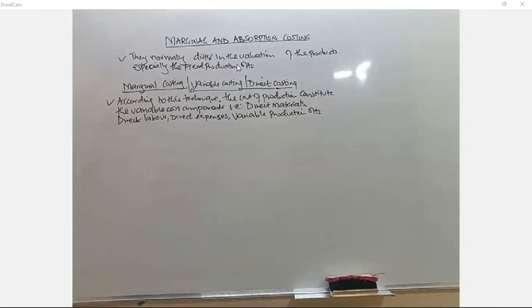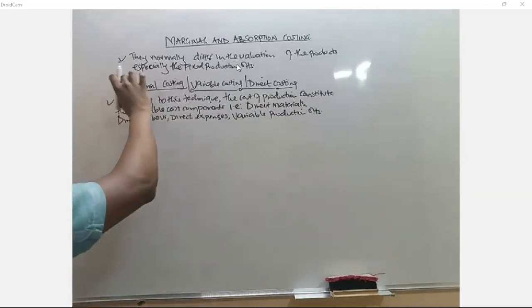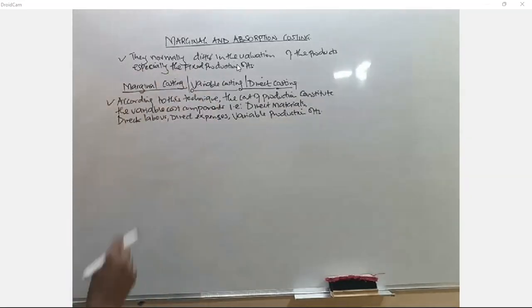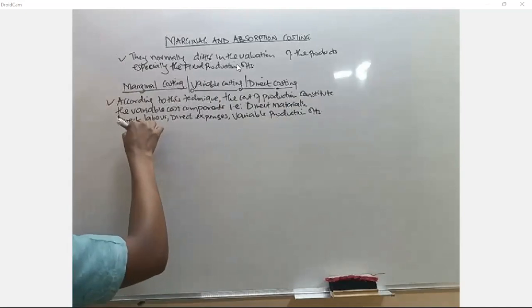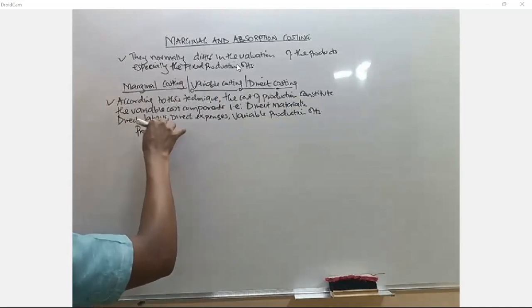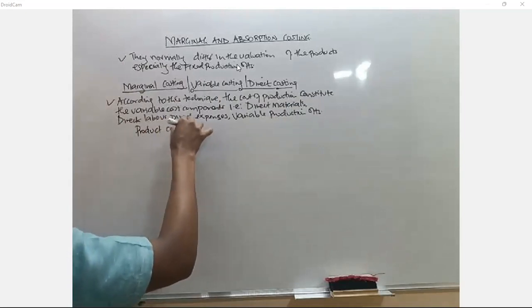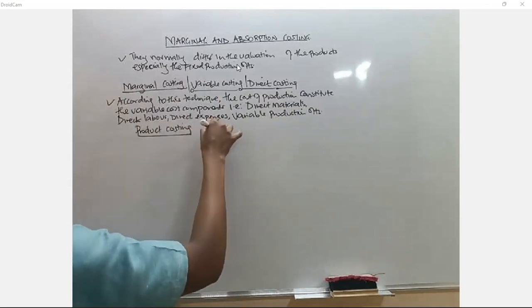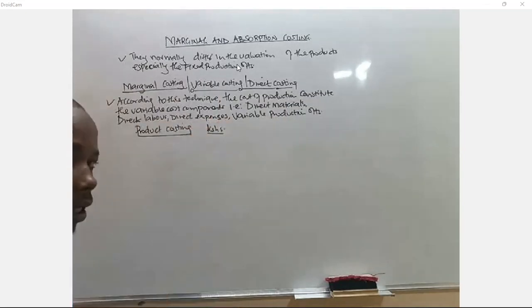Now, we know very well that we are going to be preparing something called product cost. So every time we are doing marginal costing, the first thing we have to do is come up with a product costing, right? So I have to do the variable cost per unit, the production cost per unit.